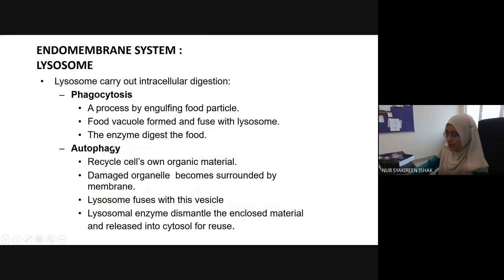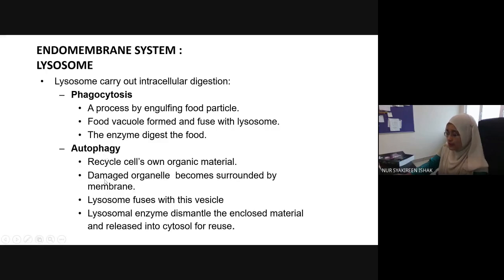Okay. Then the next one is autophagy. What is autophagy? It is to recycle the cell's own organic materials. So, for example, within your cell, you have worn out organelles, which are organelles that are not functional anymore.